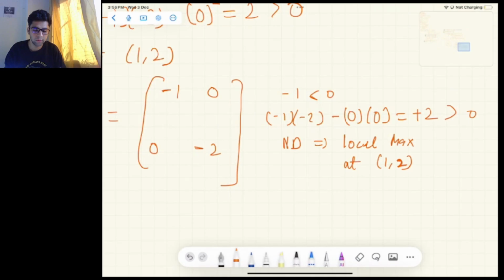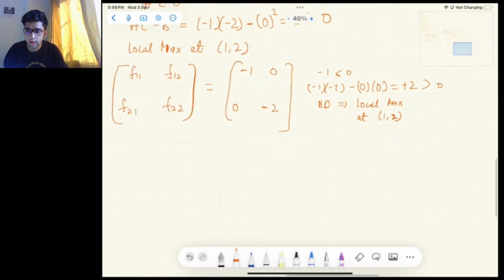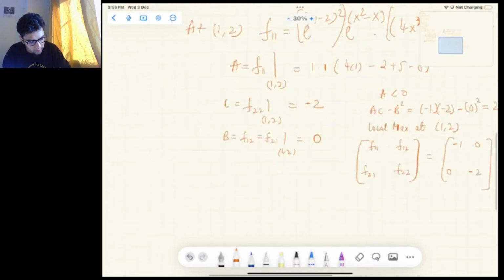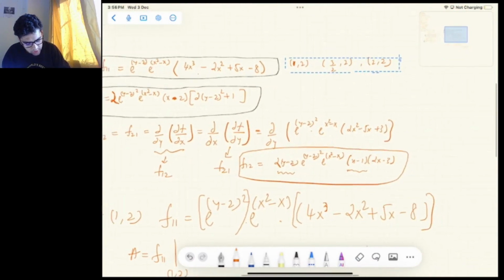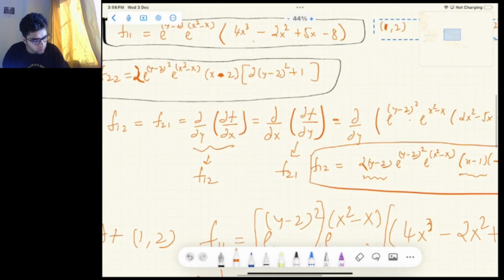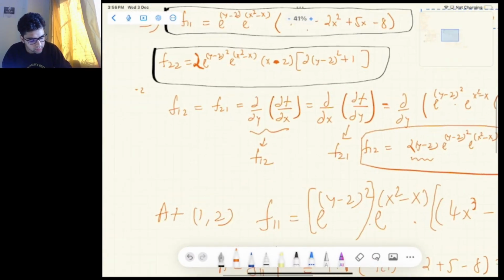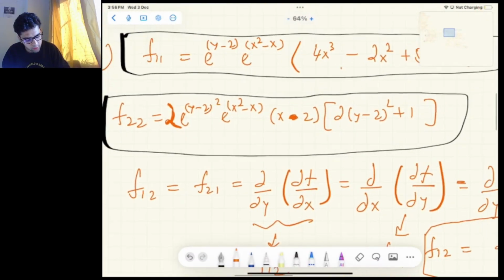Right? Now we can go on and substitute the other points. My next stationary point was 3 by 2 comma 2.